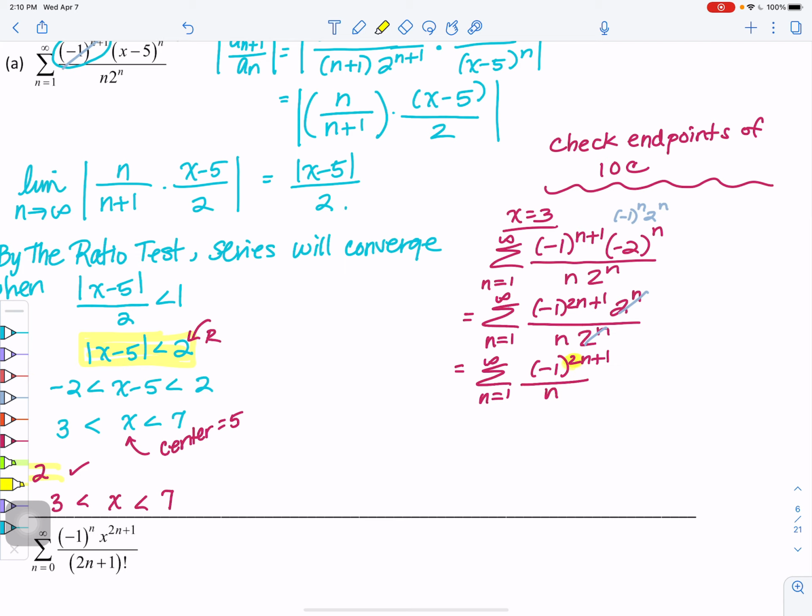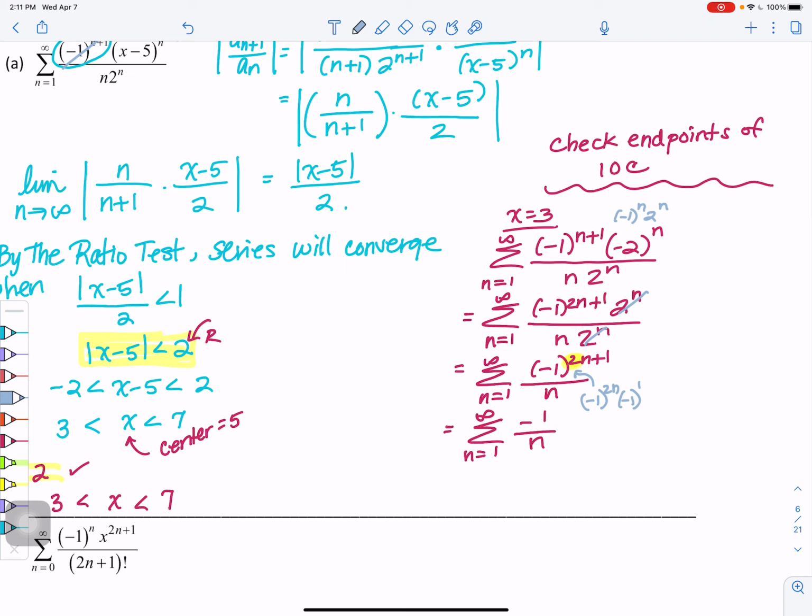Because we have that square right there, we are actually going to have the sum from n equal 1 to infinity of negative 1 over n. Let me write that right here. This is equal to negative 1 to the 2n multiplied by negative 1 to the first power.